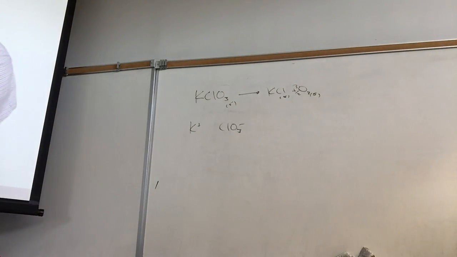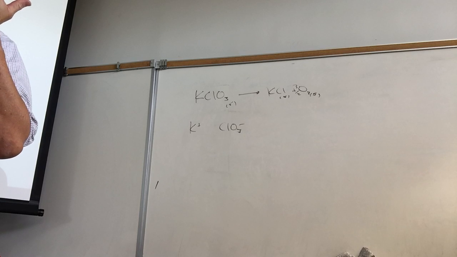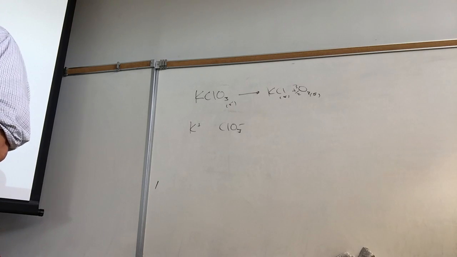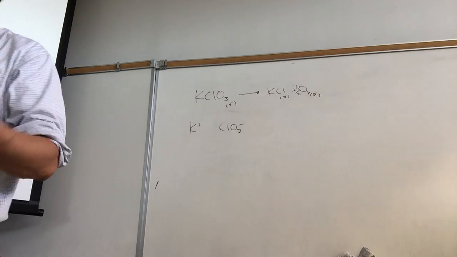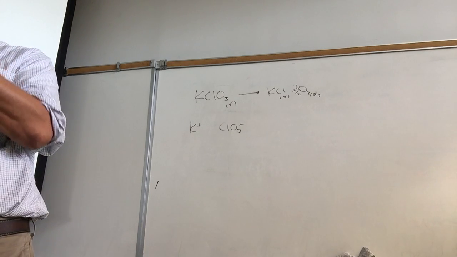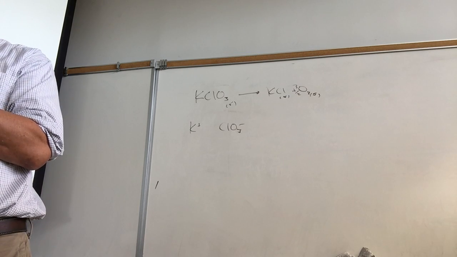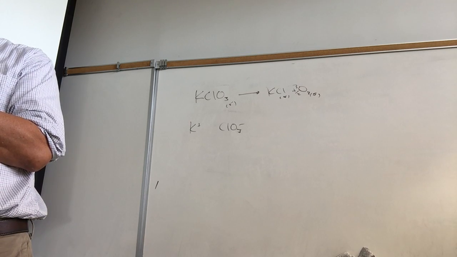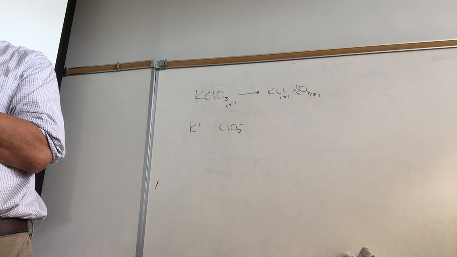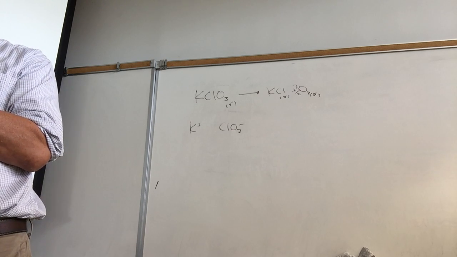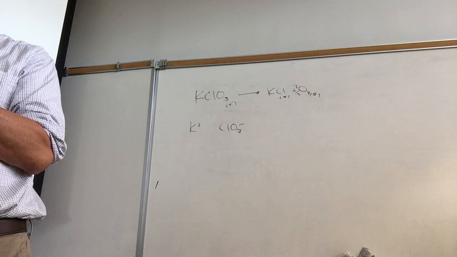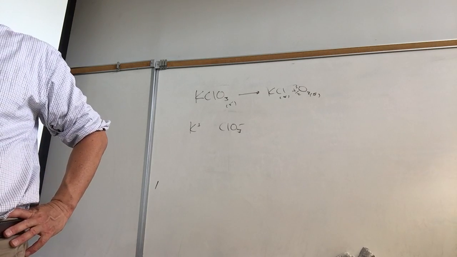But sometimes you lose sight of that because, when we're looking at metathesis, do you remember going through the metathesis properties of this? What ions does potassium precipitate out with? None, because all group 1 salts are soluble. Chlorates, right? We had the rule: chlorates, acetates, and nitrates are all soluble.